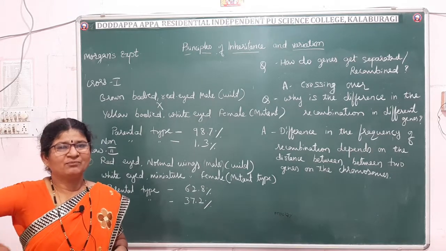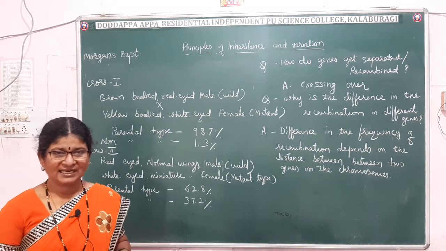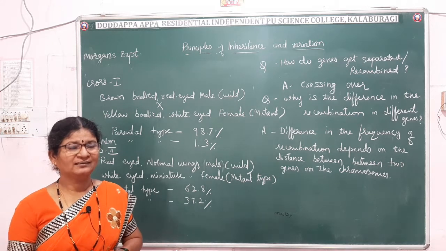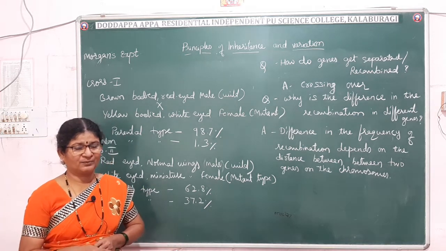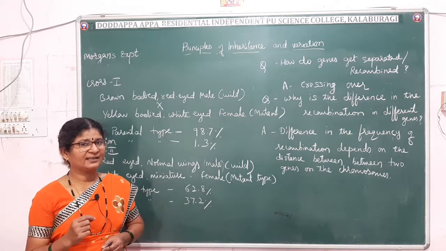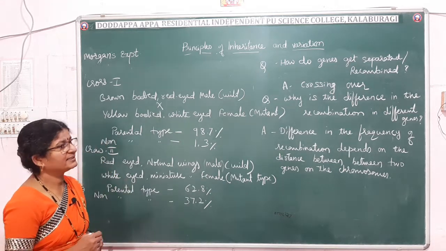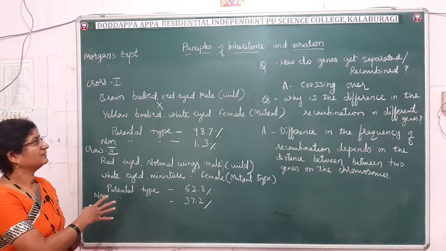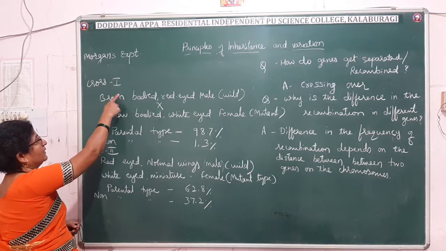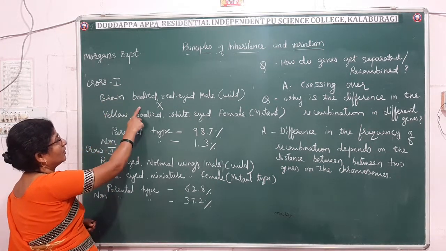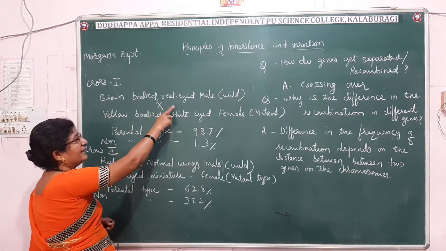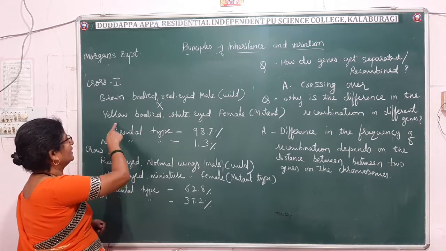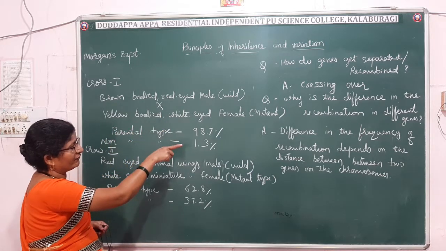Now, you know that Morgan performed the dihybrid cross in Drosophila. For monohybrid, he got the same result as Mendel, no problem. But in the dihybrid, he got a different result. Let us see his conclusion. Like cross 1, where he crossed brown-bodied, red-eyed males with yellow-bodied, white-eyed females.